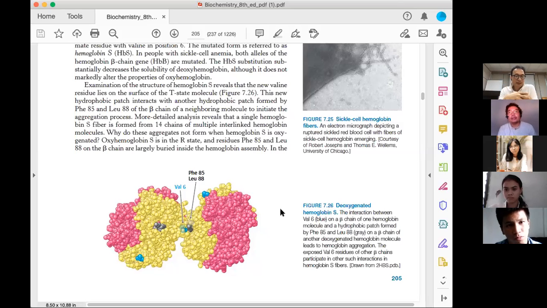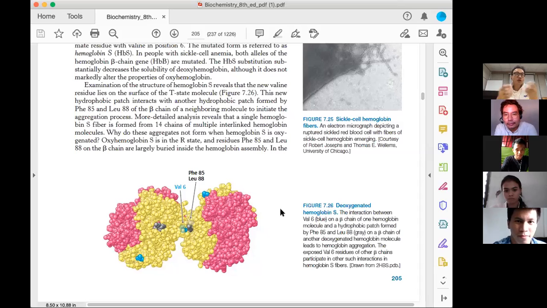Yeah. And if you ask the question, is it possible that we are going to have hemoglobin mutation in the future? It is possible. Because when you have cell division, you are subject to mutation, right?